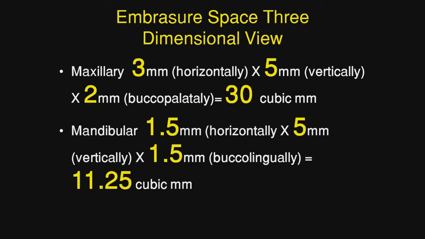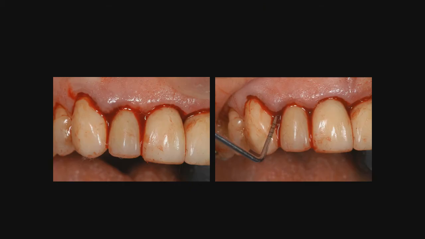In the mandibular arch, I think typically horizontally we only have about 1.5 millimeters, but we still have the 5 millimeter vertical dimension. And I think this is even less space from buccal to lingual than in the maxillary arch. So I think the cubic millimeters in the mandibular arch is only a little over 11. So let's look at that again.